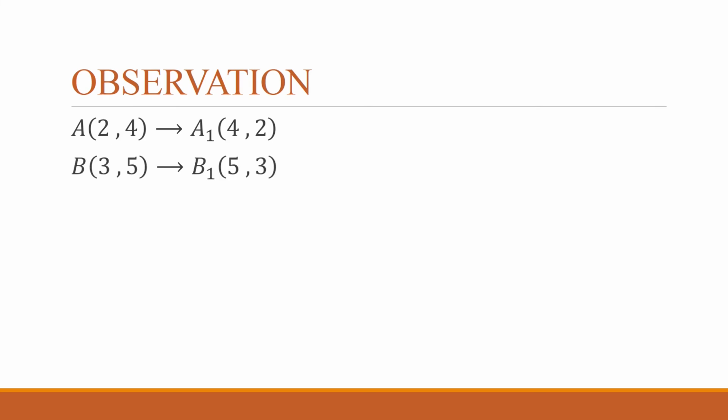Now what do you observe? You observe that anytime I have an object point A, which is (2, 4), it produces the image point A1, which is (4, 2). The second point, which was point B, (3, 5), also became B1, (5, 3).